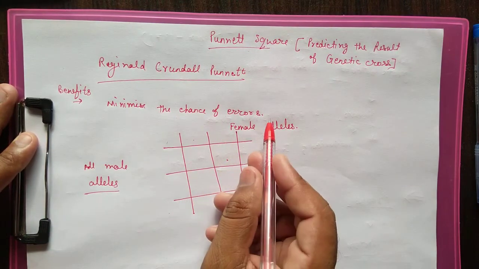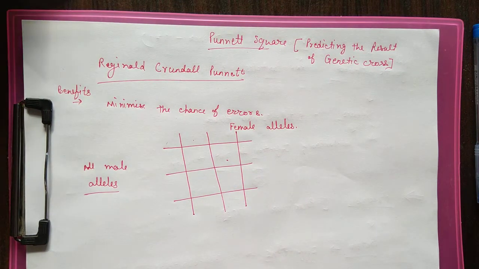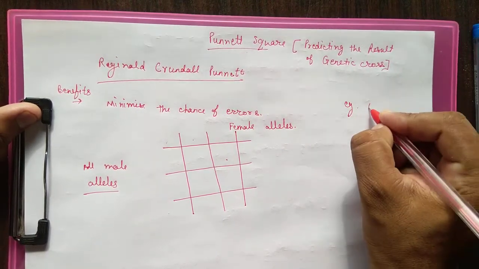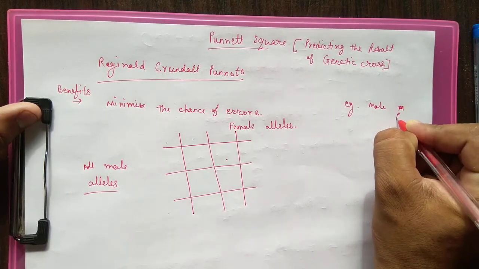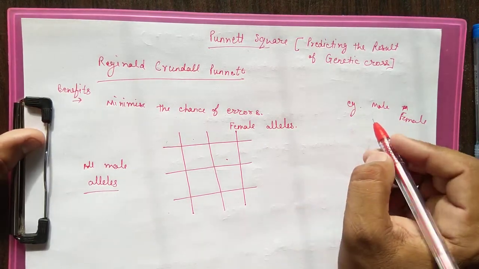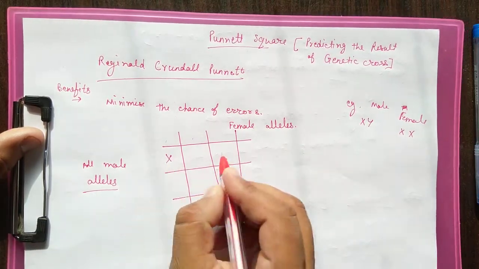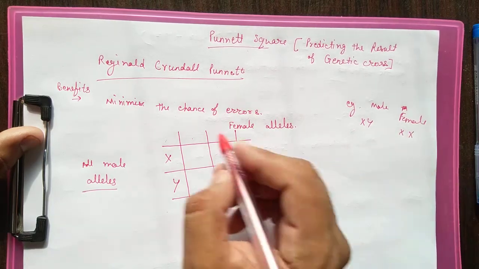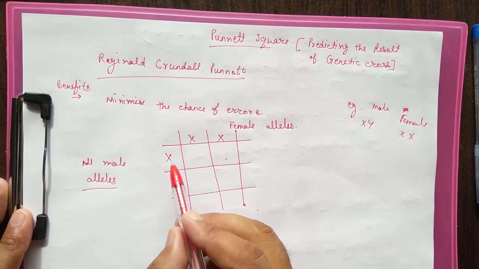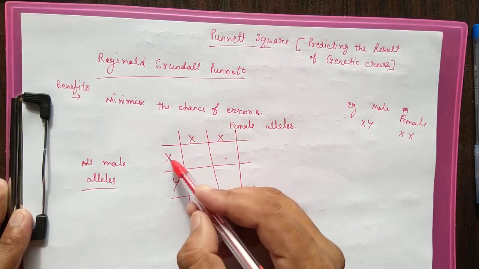Here we will draw the female, if we are taking the characters of the gametes, meaning for example the parents, male and female. If you take the example of the sex chromosomes, so we draw here the male, and the remaining squares are filled up with the crossing of two alleles from vertical to horizontal.